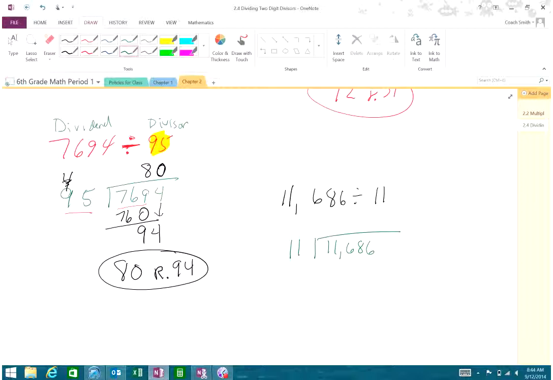That's what we have right there. That's how you should have set it up, okay? 11 into 11,686. Okay, so we look at the first one.